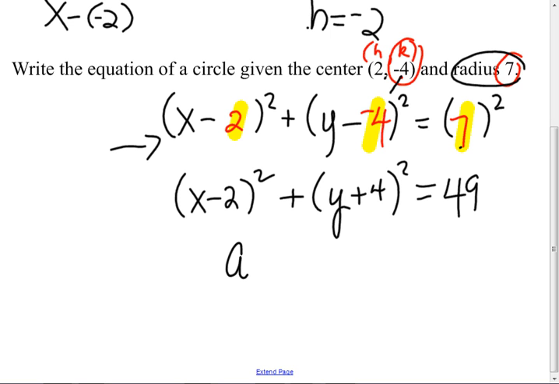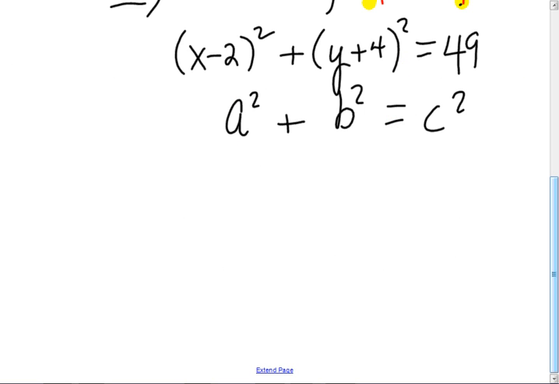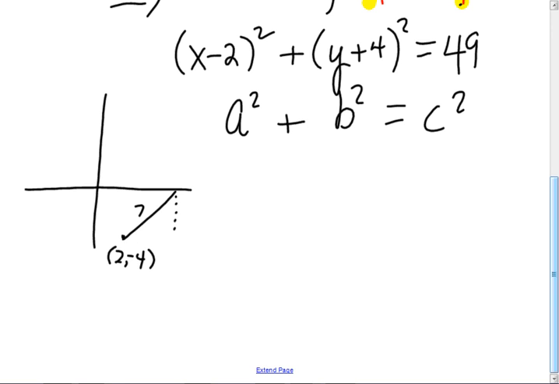This is a squared plus b squared equals c squared. In a circle, you get a right triangle. You could have actually drawn the picture. Where were we? We're at 2, negative 4. My radius is 7. So that's 7. And there's x, y. So this length here is x minus 2.